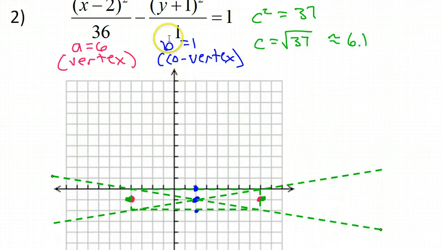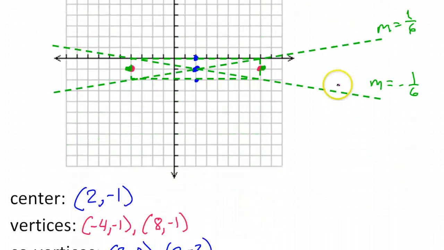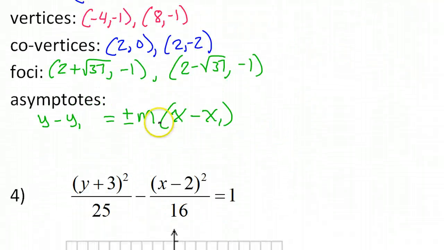So slope of 1/6. Okay, and of course this one has the slope of positive 1/6, and this one has a slope of negative 1/6. Put them together, and there's your slope of plus or minus 1/6.